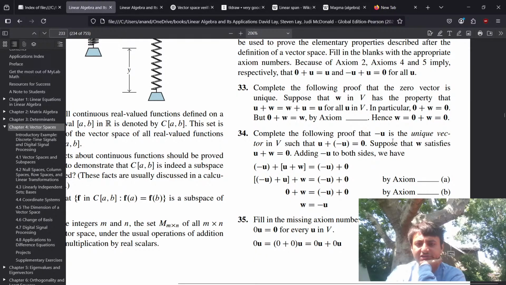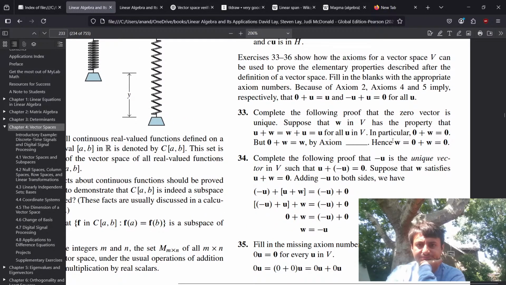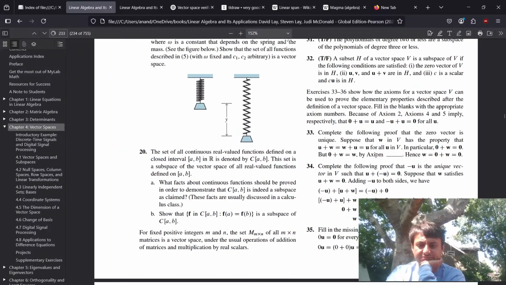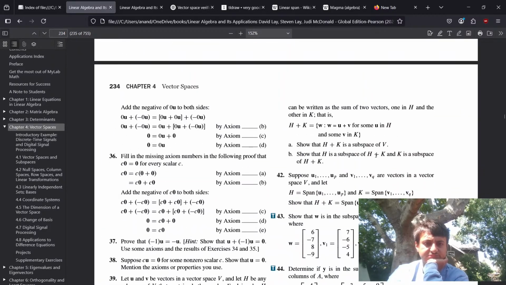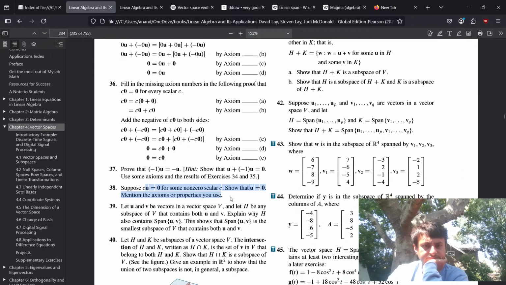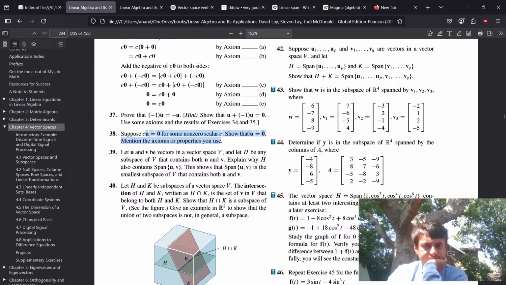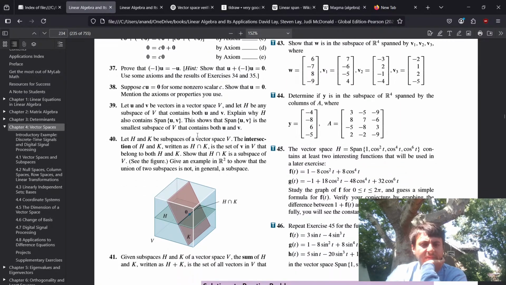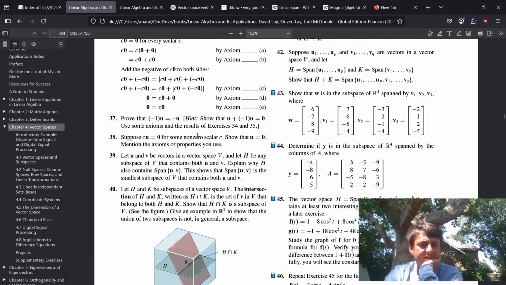These proof ones, I don't know if I want to do these ones. Maybe we will.